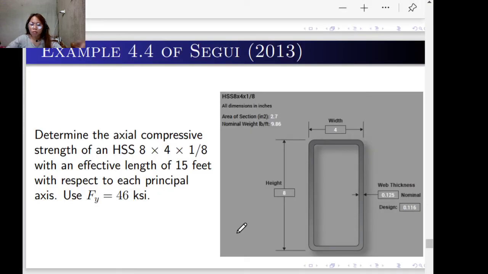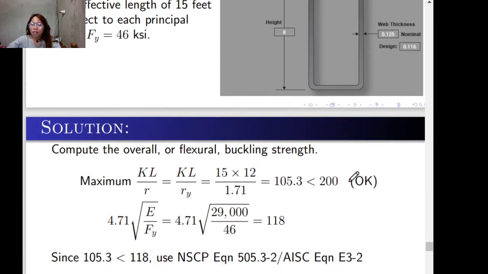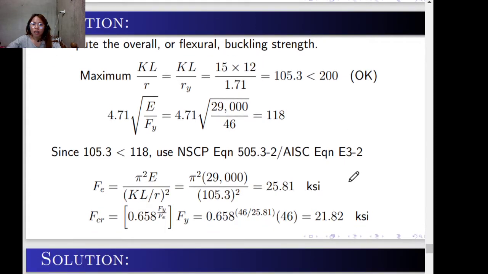Then, first, we compute for the slenderness or the global buckling strength. We try to determine the global buckling strength. So first, we have to compute the slenderness ratio, the KL over R. It should be maximum.